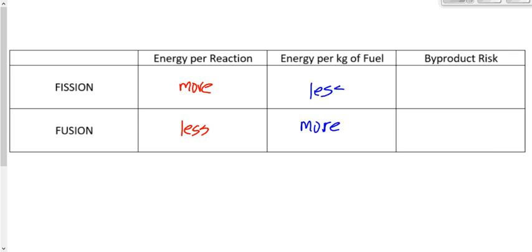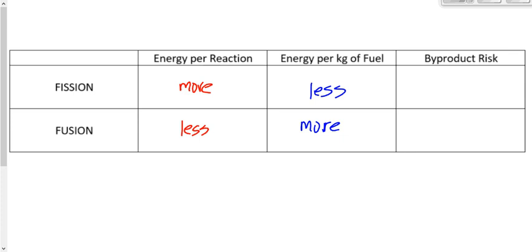So remember, if you're asked a question about the energy released, and there's a decent chance you will be, that if you're talking about per reaction, fission makes more because there's so much more mass involved. But if you're comparing apples to apples and comparing 1 kilogram of a fission reaction to 1 kilogram of a fusion reaction, then the fusion reaction wins.